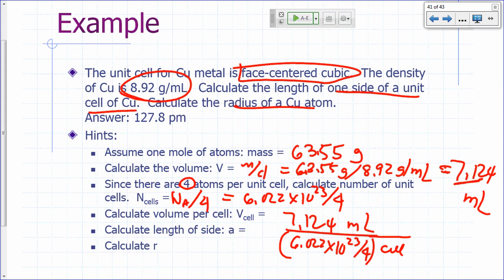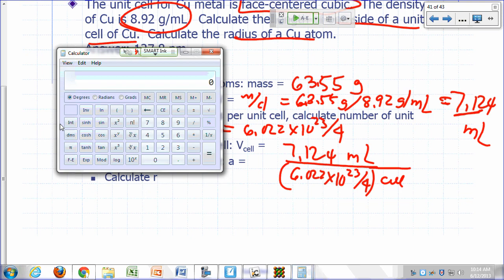What would that be? 7.124 milliliters divided by 6.022 times 10 to the 23rd, times 4.